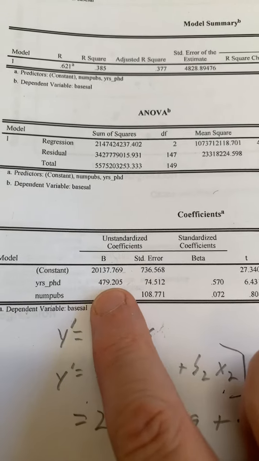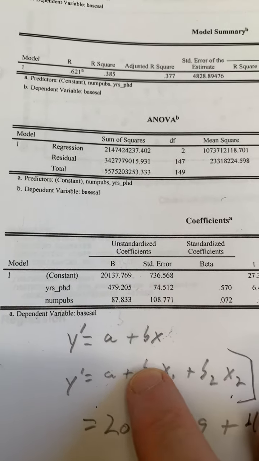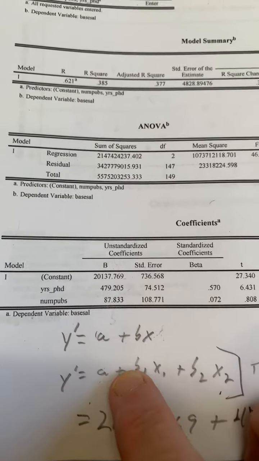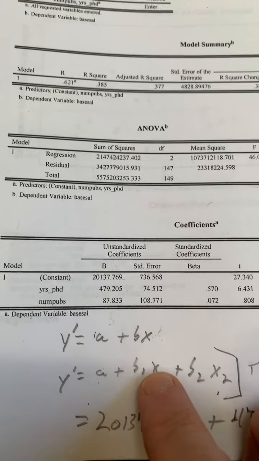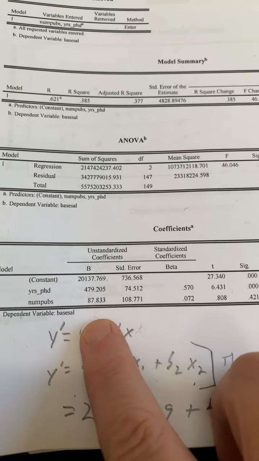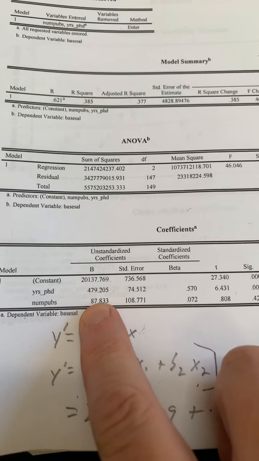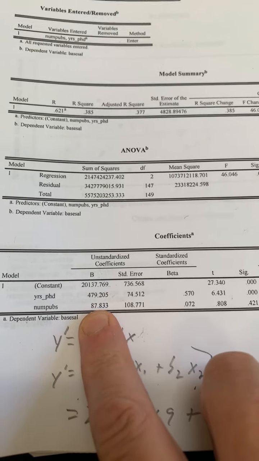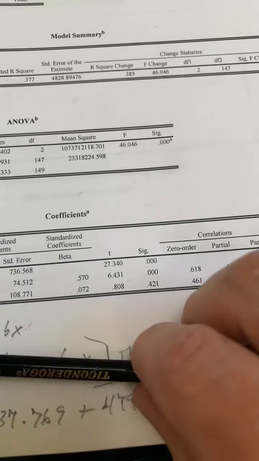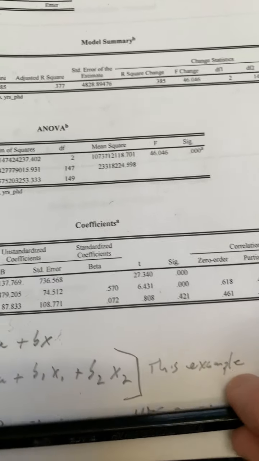So x1, with b1, is going to be years since PhD, times the value we give it. And b2 is going to be number of publications. This is the slope for number of publications, and then we multiply it by this value. Okay, so that's for this example.